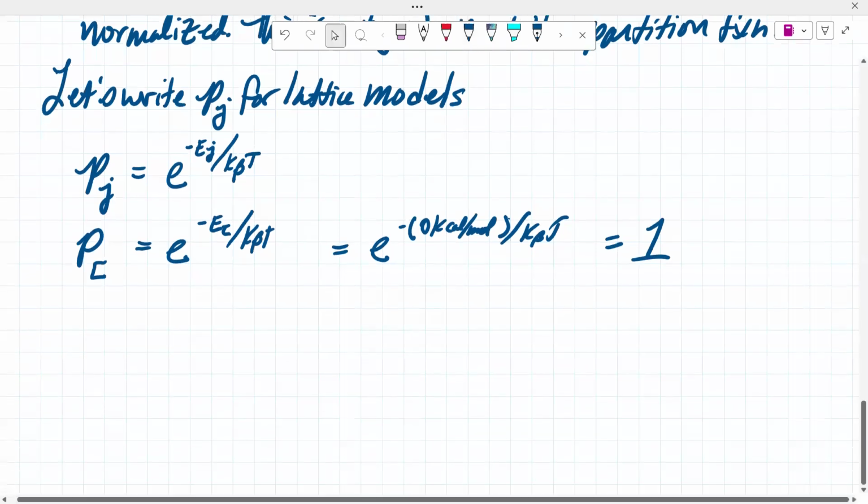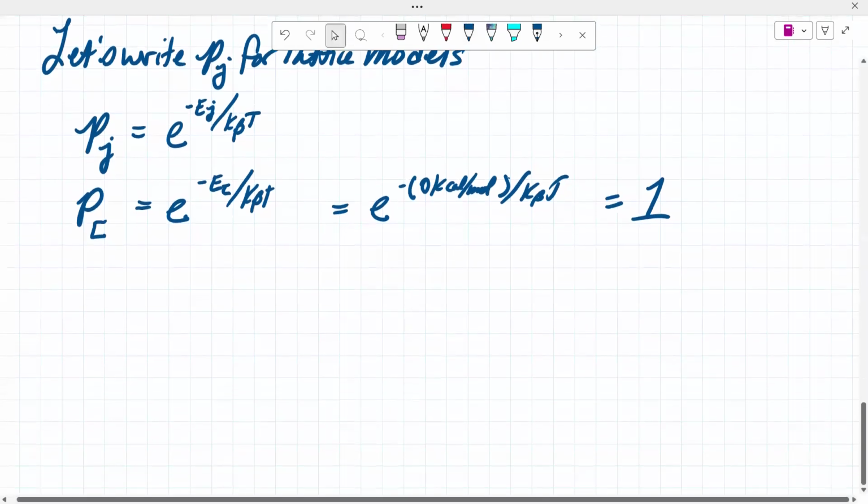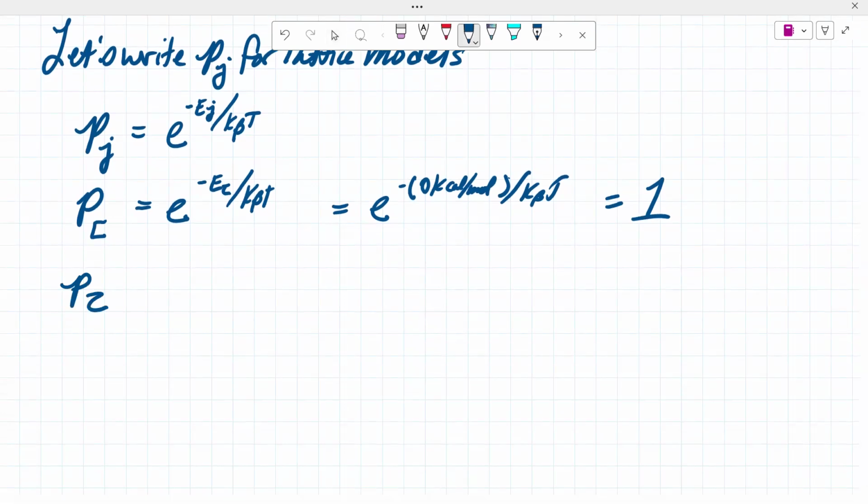Next, the probability for the Z-shaped peptide, remember that's the one that's kind of like that, we'll call it P_Z, equals e to the negative E of the Z-shaped peptide over k_B T. That's a lowercase k, although it doesn't look that way there.